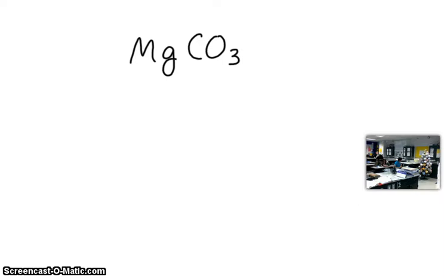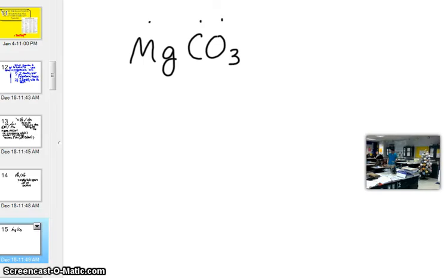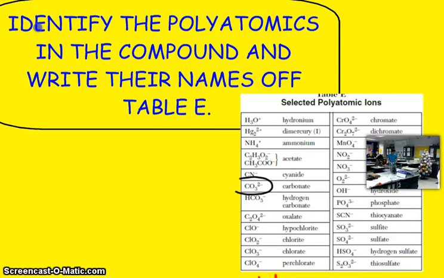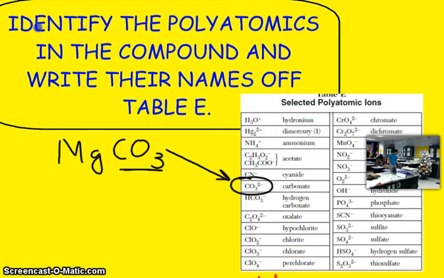MgCO3. There are 1, 2, 3 capital letters. When you see 3, go to table E. So we're looking for something in table E that's also present in our compound here. If you go to table E, you'll recognize that the CO3 is right there.